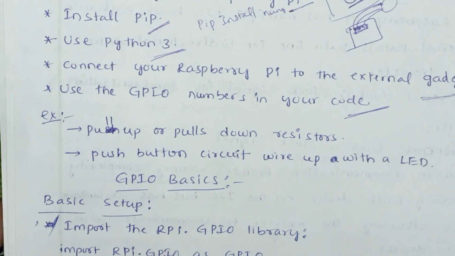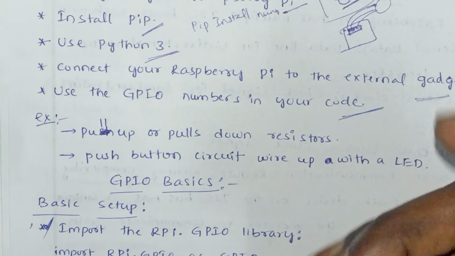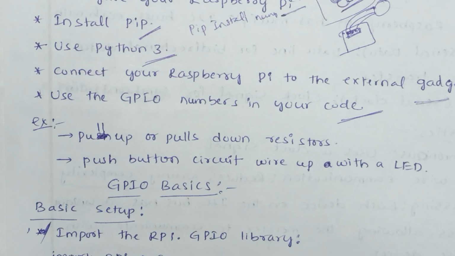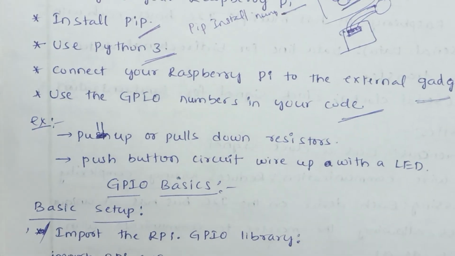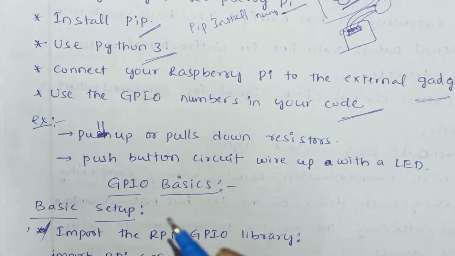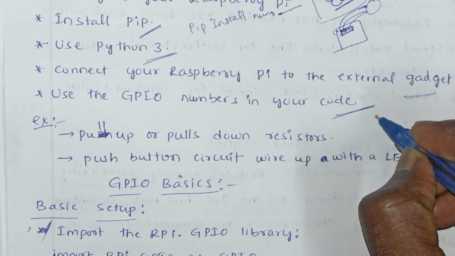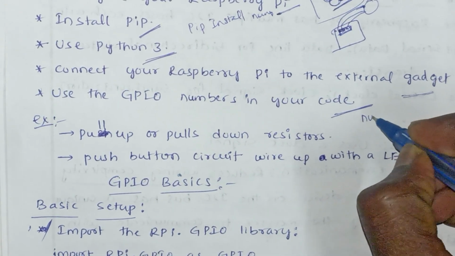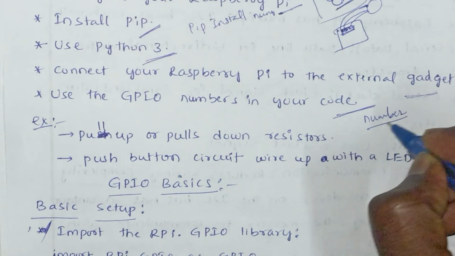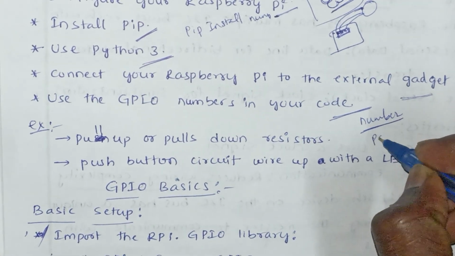Based on those only we have to enter. In order to execute any operations or to run any external gadget, we have a number and username. For example, number is nothing but username, and password is there.